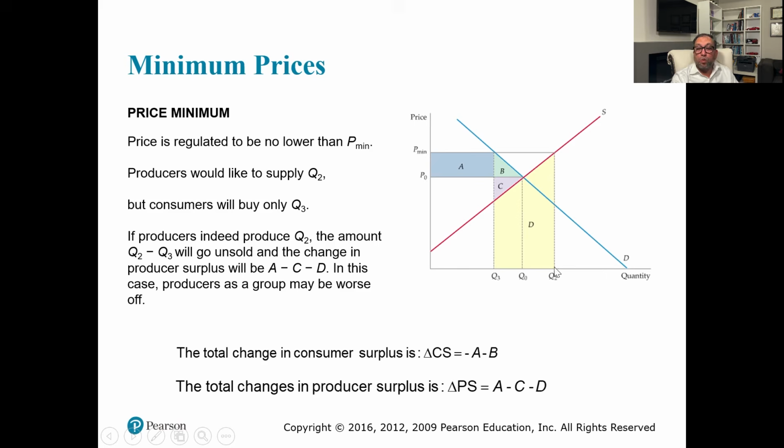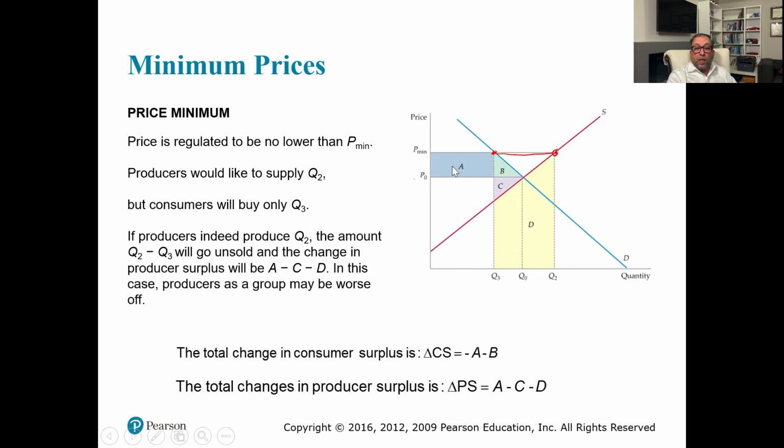The producer is willing to produce Q2 because this is the supply curve. But the consumer will only buy Q3, this one. So we see here the supply is this much, and with this price, the demand is this much, right? We see here, right?